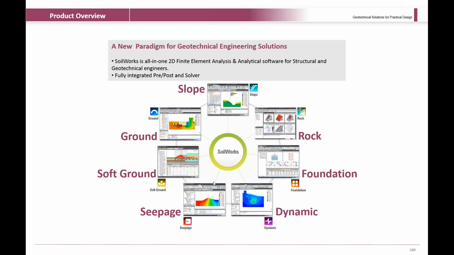After that, you have the foundation module, which we'll be taking in detail today. In seepage analysis, you can perform transient as well as steady state analysis. And finally, you have the dynamic analysis, where you can perform the eigenvalue, response spectra, time history analysis, as well as the free field analysis.